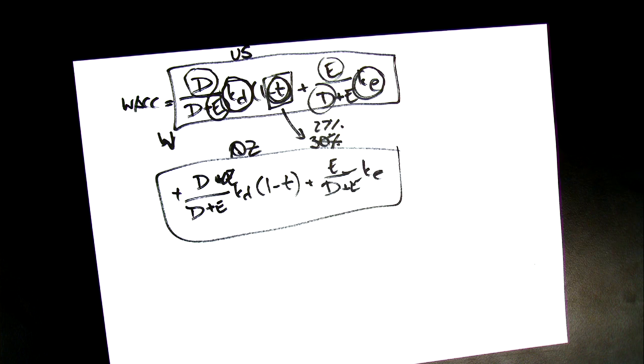Then you have the marginal tax rate. Marginal tax rate doesn't apply to companies. It applies to individuals. It asks, if I earned an additional $1, what tax would I pay? That doesn't apply to companies because all their income is taxed at 30%. My income as an individual is not taxed at one rate. Maybe $20,000 of it is not taxed at all.